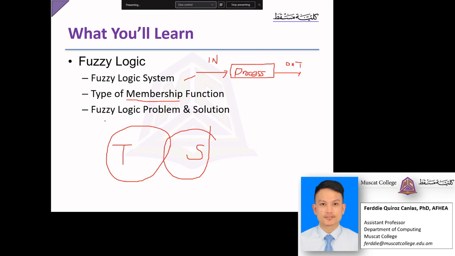And then we will be calculating the problem, and we need to provide a solution using this fuzzy logic system. So we will do some calculation in order for us to provide a clear solution to the problem. Ready? Let me begin.